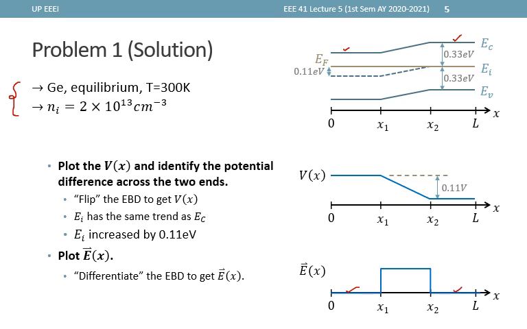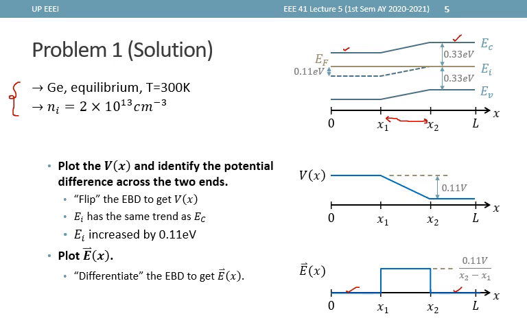And if we need to get an expression for the value of E of x in that region, we'll just get the slope, so change in y over change in x. So that is 0.11 volts over x2 minus x1. Now that we converted the numerator to voltage, we'll get volts per centimeter for the electric field.